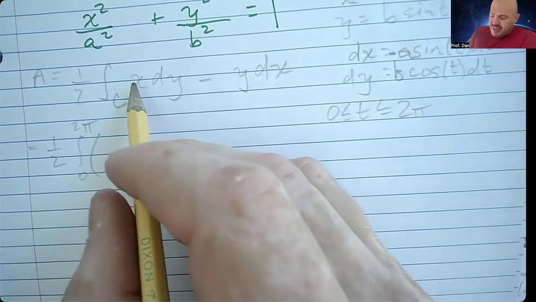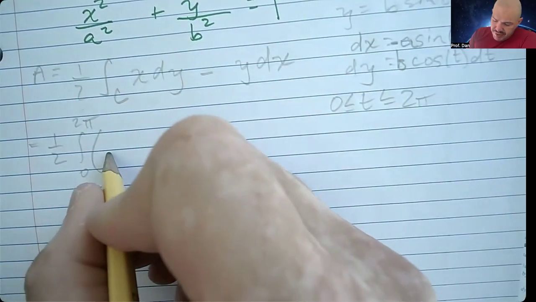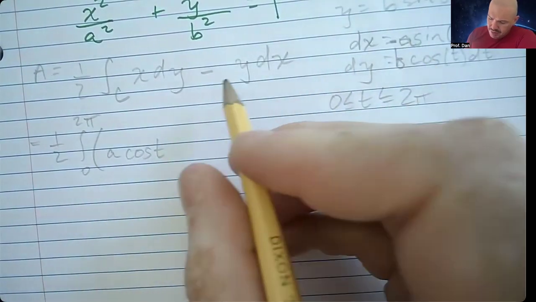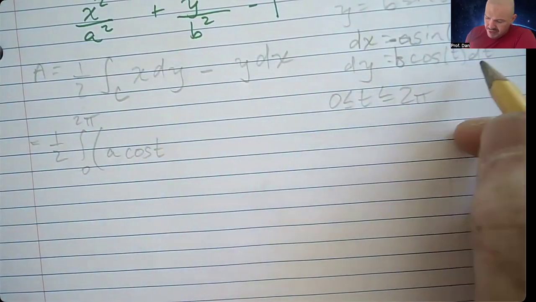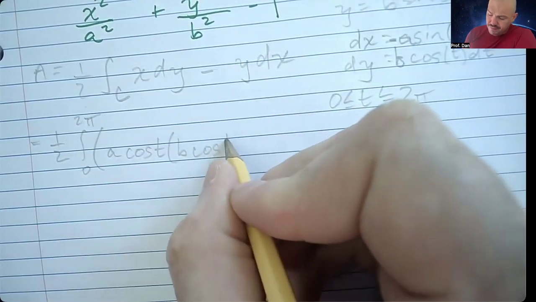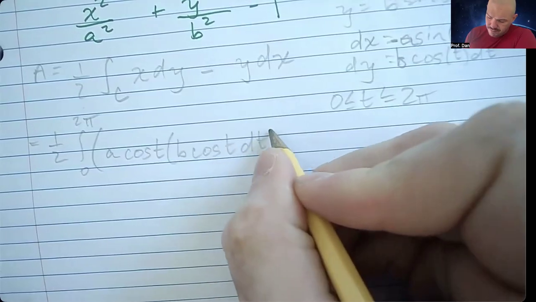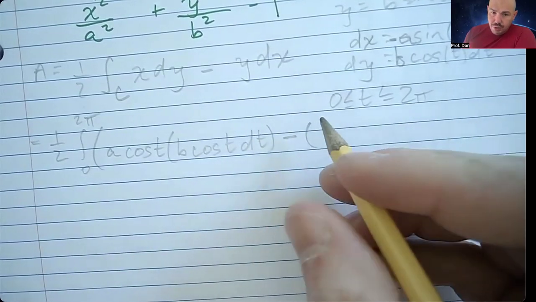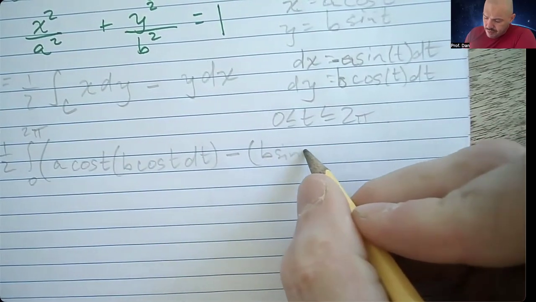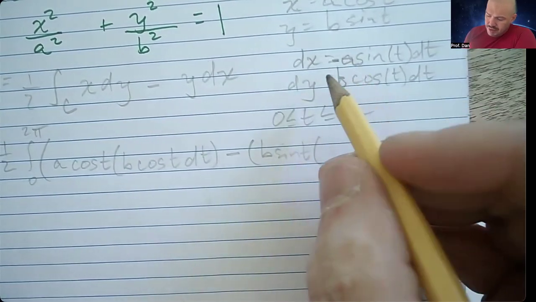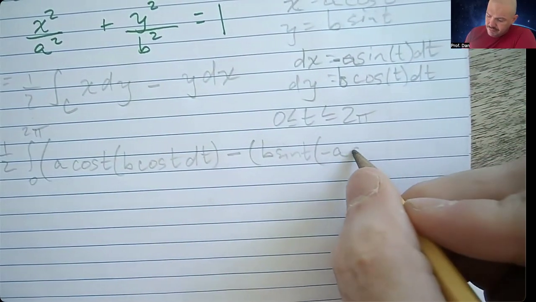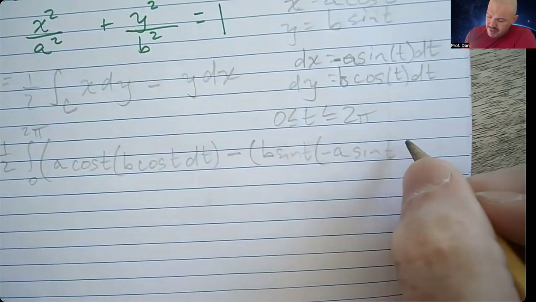Then we can replace the x with a cosine t and dy with b cosine t dt. Then our y we can replace with b sine of t, and dx we can replace with negative a sine of t dt.